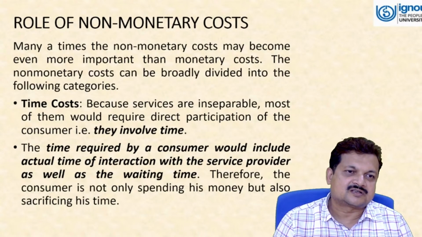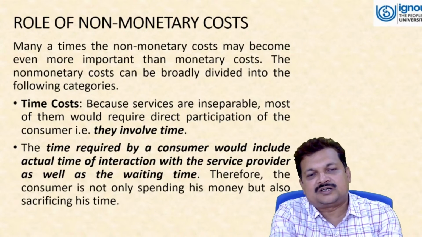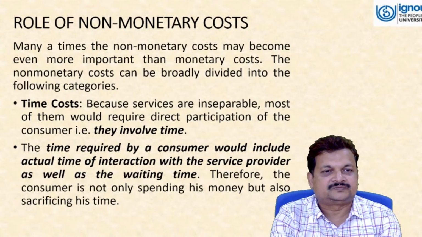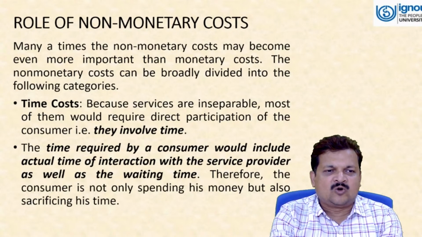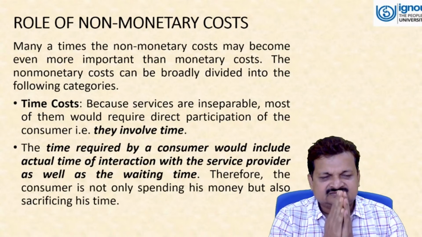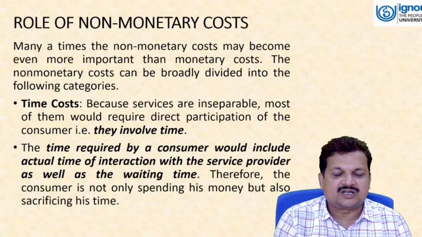Some express trains have a price structure only because they reach the point earlier than the other trains. The time required by a consumer would include the actual time of interaction with the service provider as well as the waiting time.